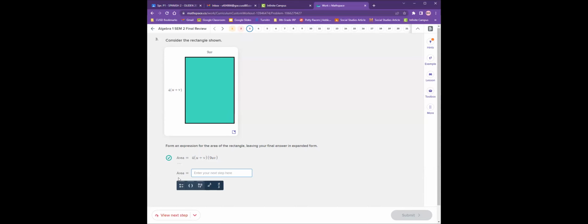I think you have to multiply all of it together. So you have 4u plus 4v in parentheses times 9uv, and you have to multiply. I think you can go a little further.